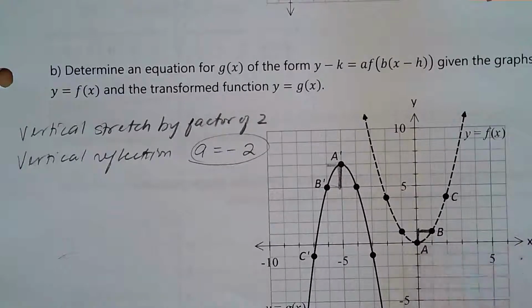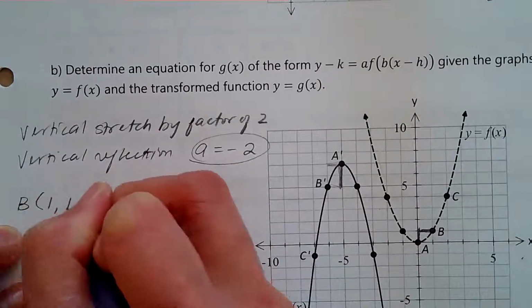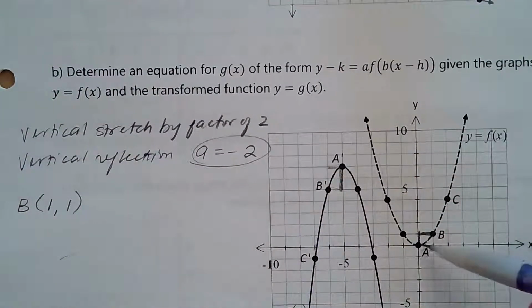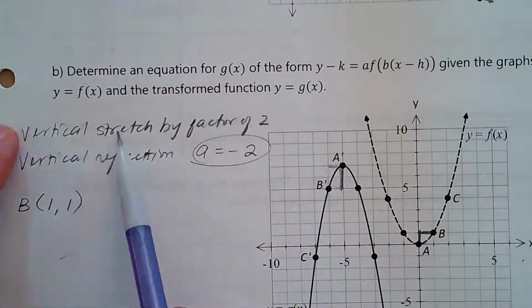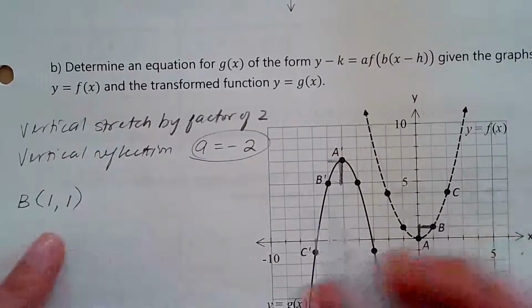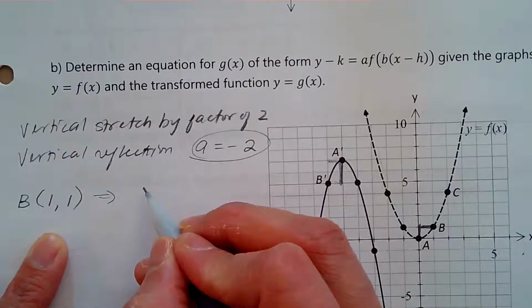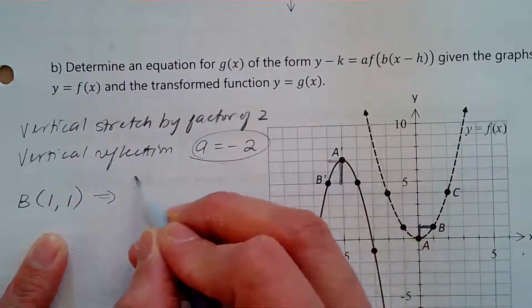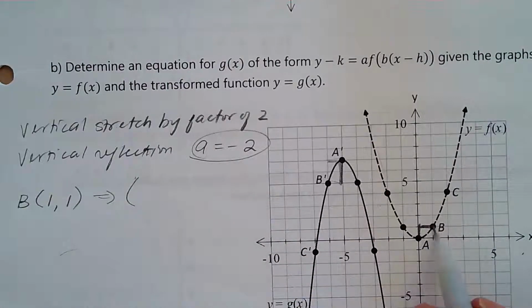Let's just pick B as our point. So B is 1, 1. But we're going to vertically stretch by a factor of 2 and reflect it. Is the B going to be changing?